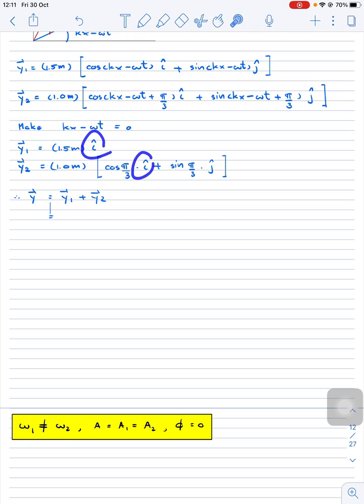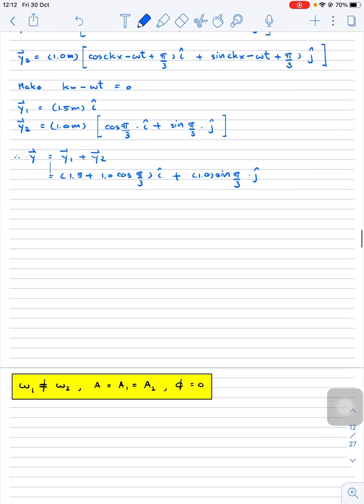I to the i and j to the j, right? So let's sum for the i first. For this i, we have 1.5 plus 1.0 times the cosine of pi over 3 times the vector i, and then for the j, we have only this component, which is 1.0 times the sine of pi over 3 times the vector j.